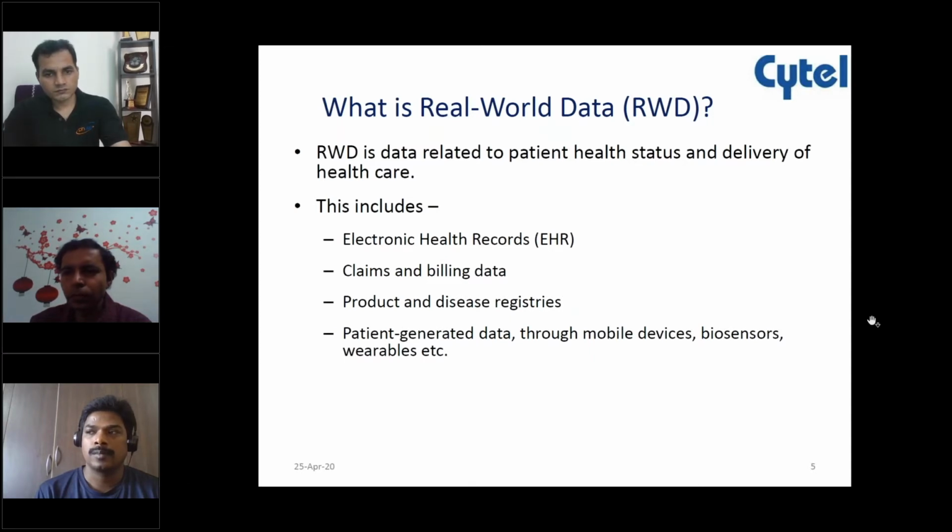Wearables, of course, have become very popular now that most popular electronic brands have some form of a wearable device, mostly watches, that can track things like heart rate, blood pressure, sleep time, etc. These in themselves do not constitute evidence. Real-world evidence is obtained by processing and analyzing this kind of data.